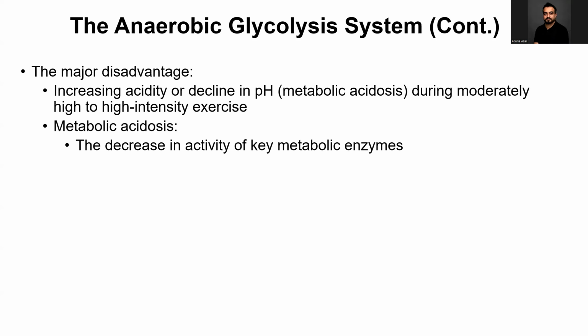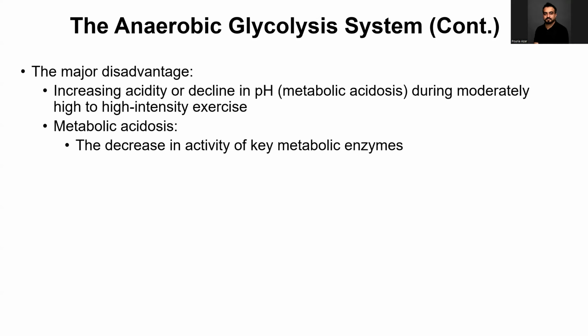And this metabolic acidosis can also cause a decrease in the activity of key metabolic enzymes. Remember from your physiology or other basic nutrition classes, enzymes are proteins. They have a protein structure and their activity depends on several factors, one of which is temperature, another is acidity or pH.